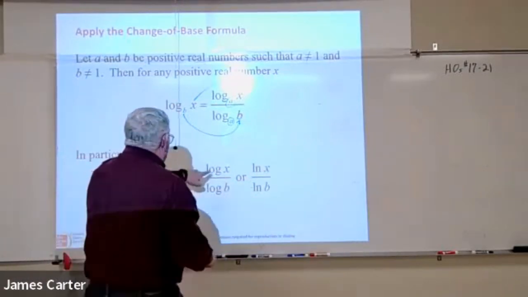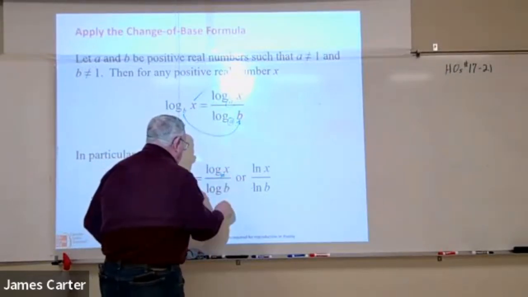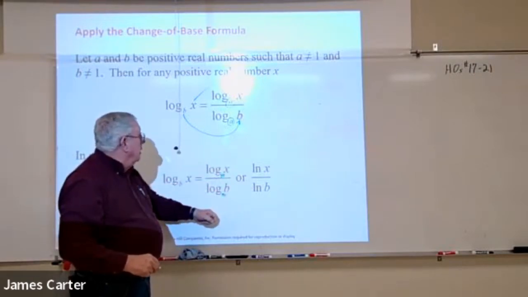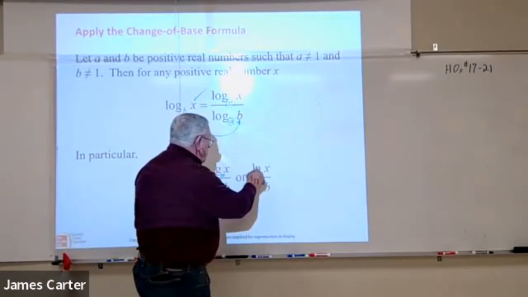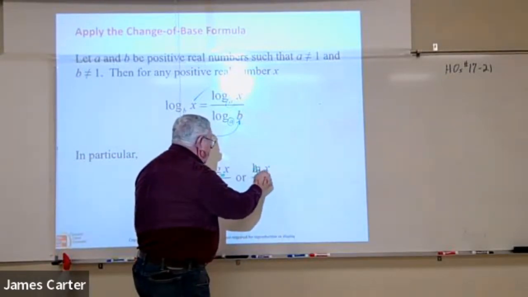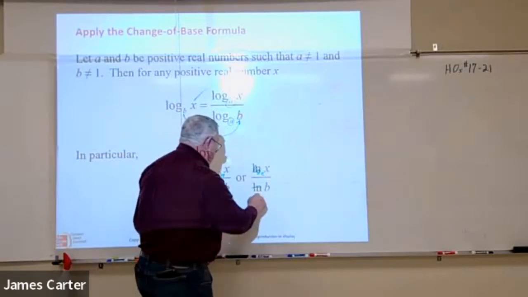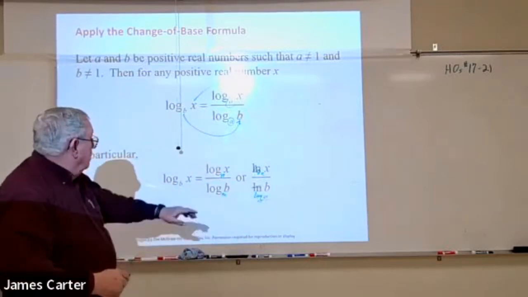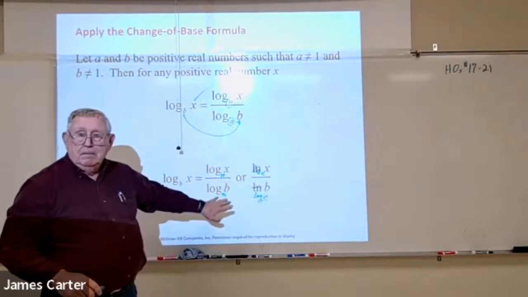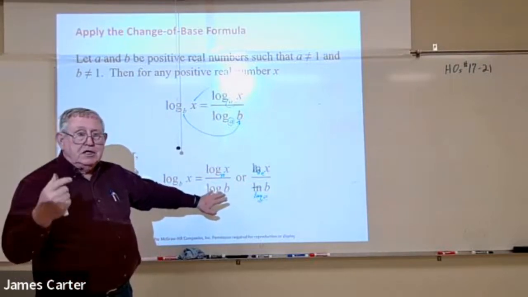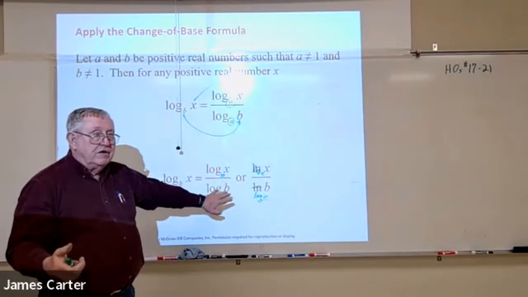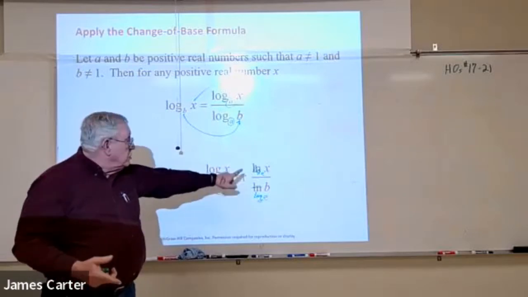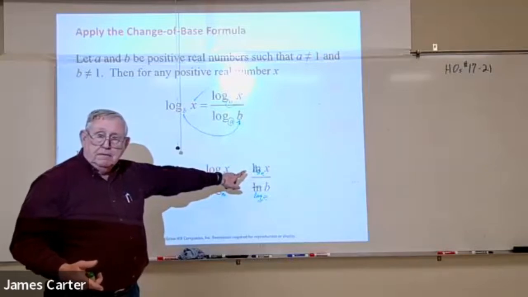And that's just plain log, which is secretly log 10, of X over B, or natural log, which is secretly log E of B. Those are the two easiest, because it doesn't matter whether you got a TI calculator or a Casio calculator or whatever, they all have a log key, and most of them have a natural log key.